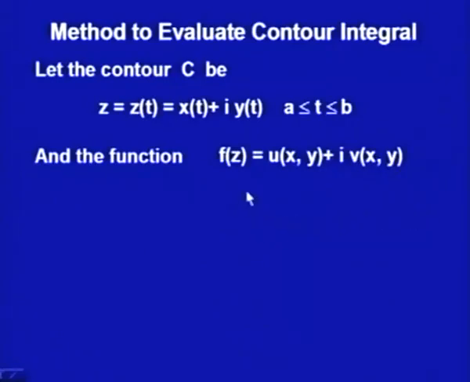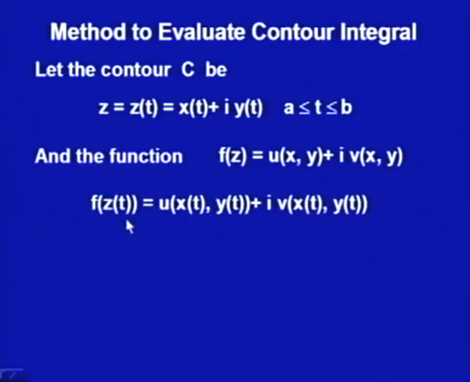So this is a complex function of a complex variable, and we are breaking it into two parts, both real. This is a real function of two variables, and so is this, and they are joined with the square root of -1, thus we get this complex one, while x and y are nothing but the real and imaginary parts of z.